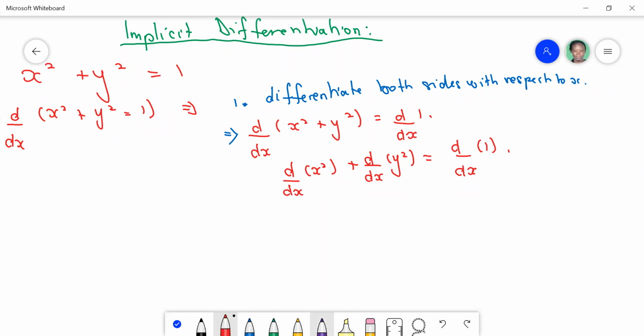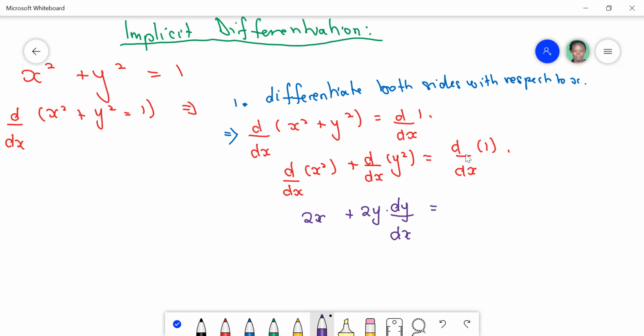This is a function with respect to x, so if I differentiate this, I have 2x, plus, this is a function of y, but we are differentiating with respect to x. So we differentiate the function y here to have 2y, then we multiply by dy/dx.